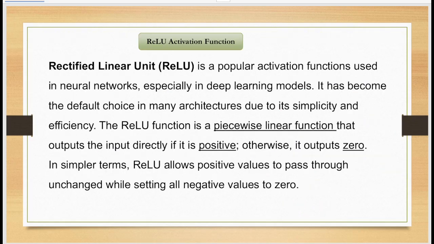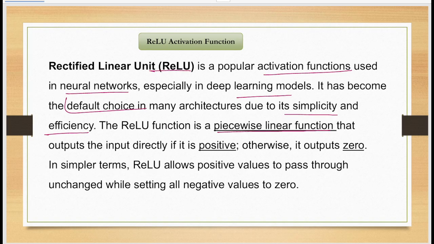The rectified linear unit is a popular activation function used in neural networks, especially in deep learning models. It has become the default choice in many architectures due to its simplicity and efficiency. It is a piecewise linear function, which we can understand with the graph.